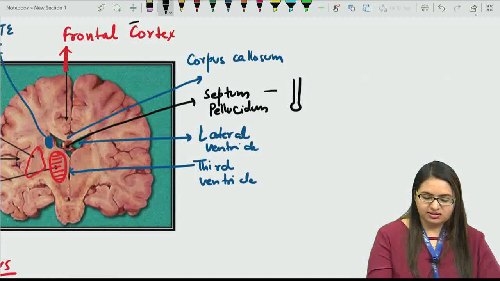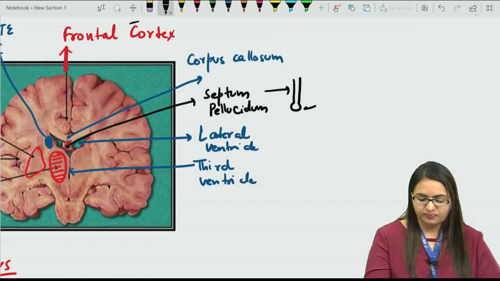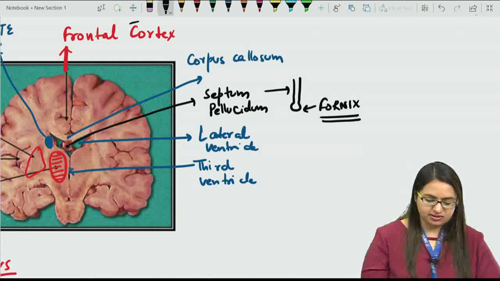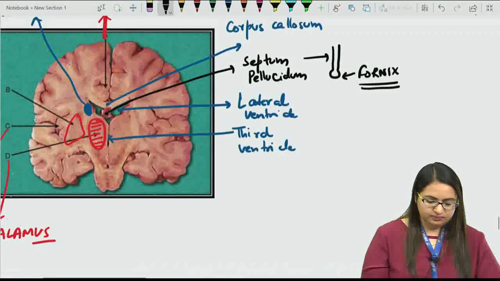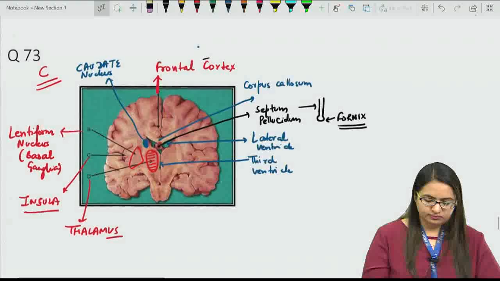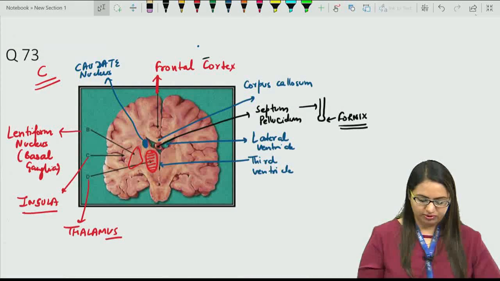The membrane is the septum pellucidum, and in the lowermost part of the septum pellucidum, this structure is termed the fornix. So these are the various structures which can be seen in the coronal section of the brain.